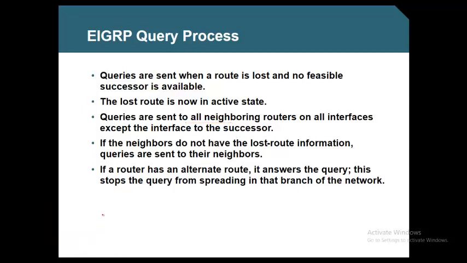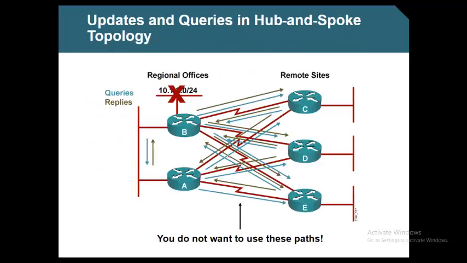Now, if the neighbor does not have the route, the query is sent here, but this neighbor does not have the route. You are querying, but it doesn't know the route. What will it do? When C doesn't know, it comes to A. If A also doesn't know, what will it do?